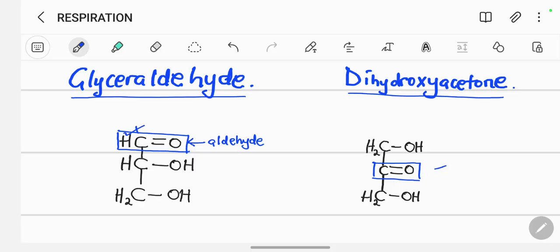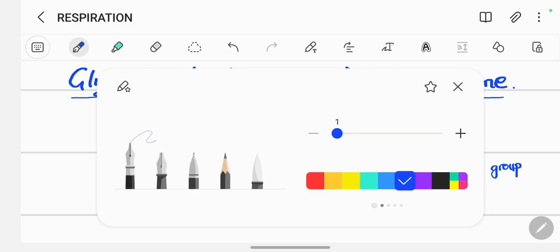Then ketones are always having this keto group there. So I'll call this one the aldehyde group and the keto group there. That's why it's called dihydroxyacetone.